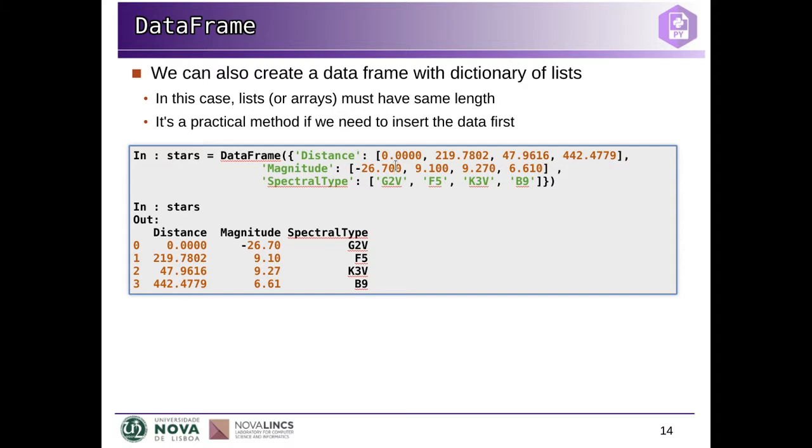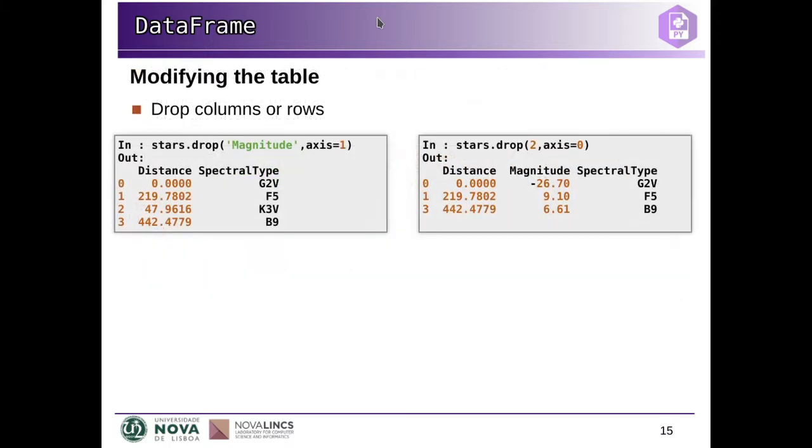Okay, so now we have this table of stars. We have distance, magnitude, and spectral type, and we'll see what else we can do with this table. For example, suppose that we want to remove one column. We don't want the magnitude, so we just want the same table without magnitude. We can use this drop method where we tell which columns to drop, and if we are dropping the columns, we must also indicate that we are dropping along the axis 1.